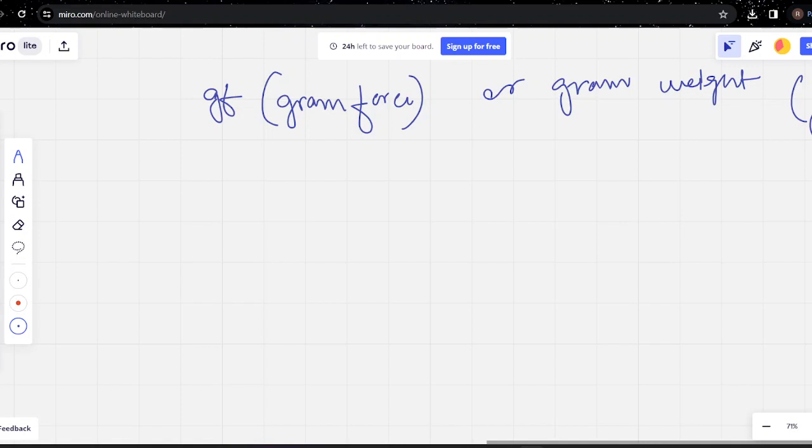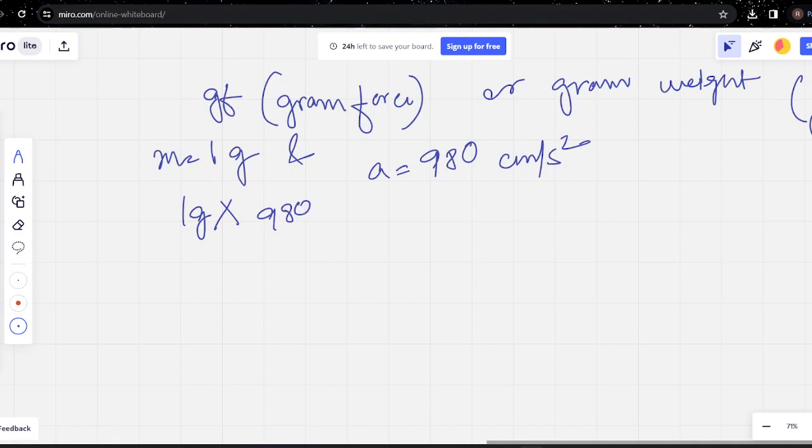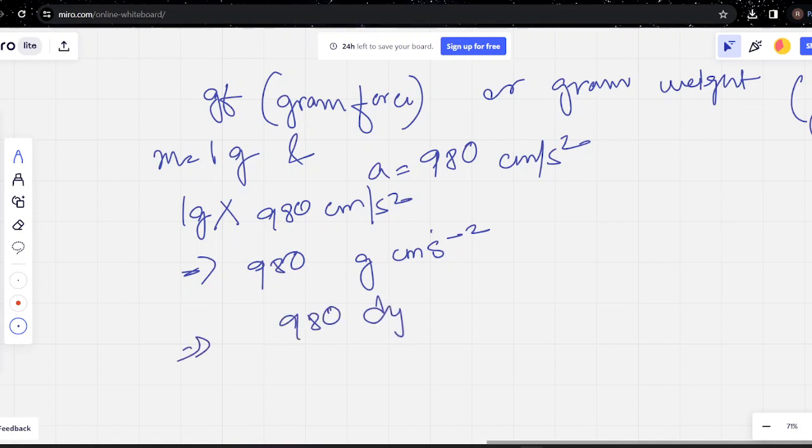Again, let's say m equals 1 gram and acceleration equals 980 centimeter per second square. Then according to the formula, it should look like 1 gram into 980 centimeter per second square, resulting me to 980 gram centimeter per second square, which is nothing but 980 dyne. 980 dyne means 1 gram force.